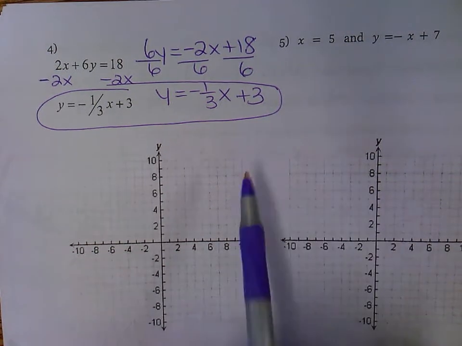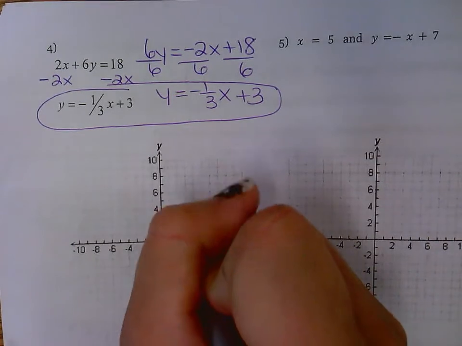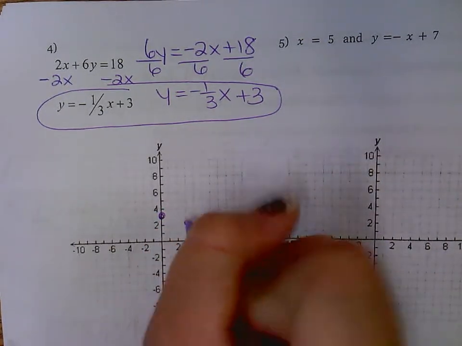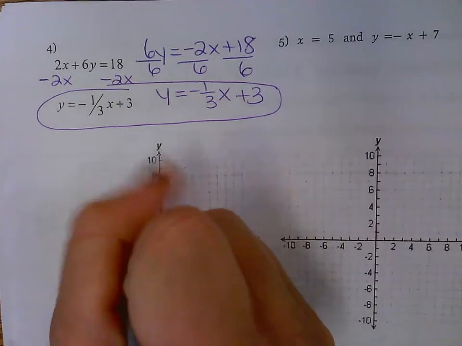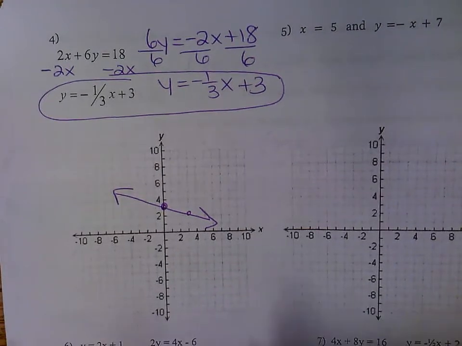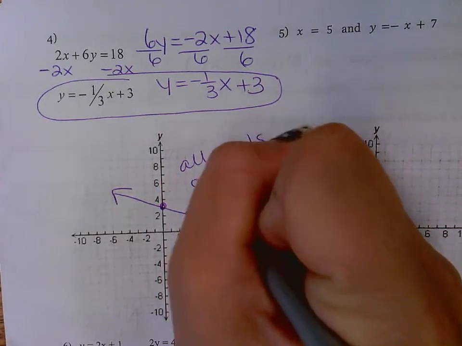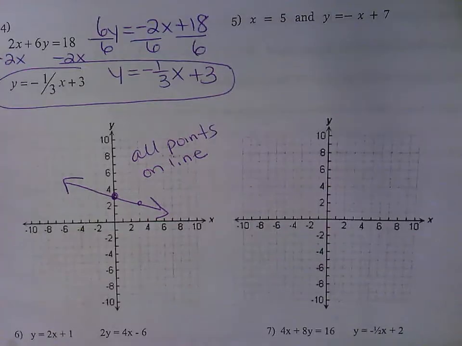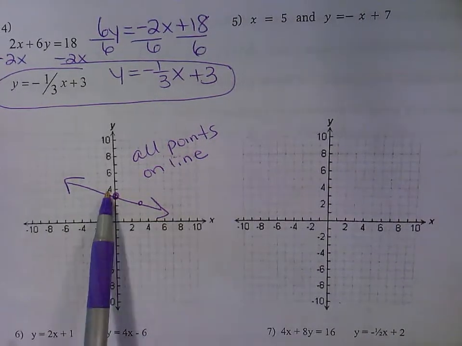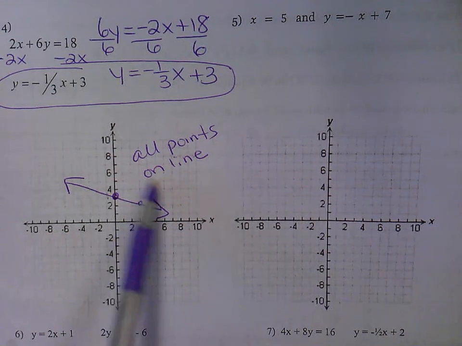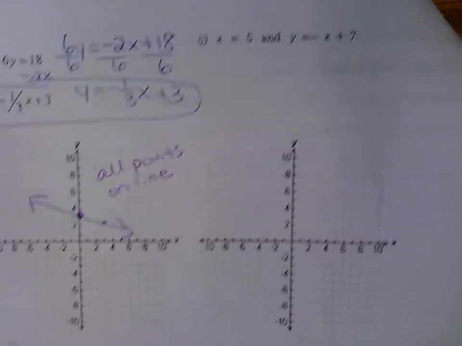Okay, so I'm starting at 3 and I have a slope of -1/3. That's what a negative slope looks like. And it would be all points on the line is my solution. And a lot of you knew that it was all points on the line, but you had the slope graphed incorrectly on your graph.